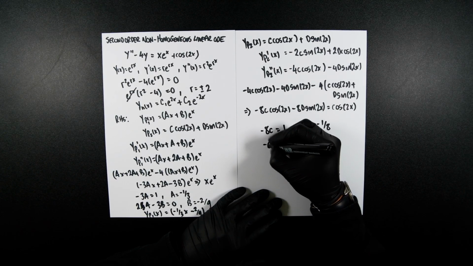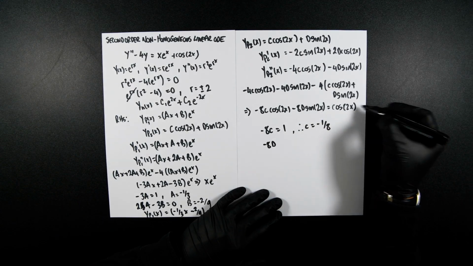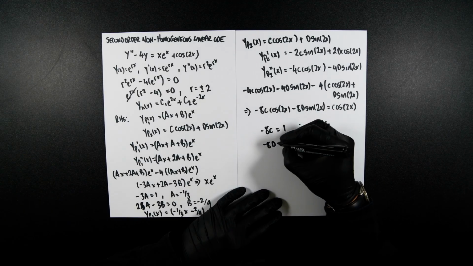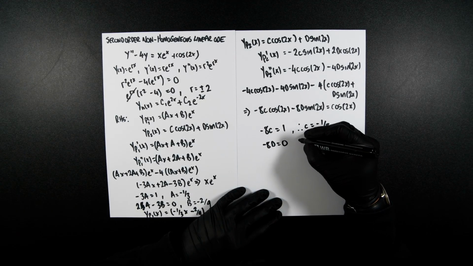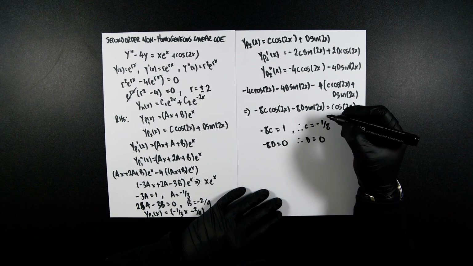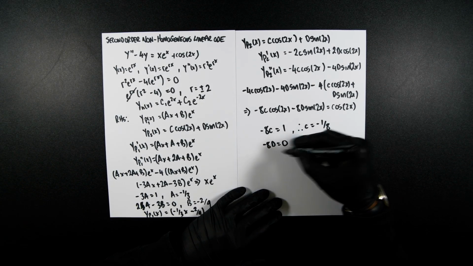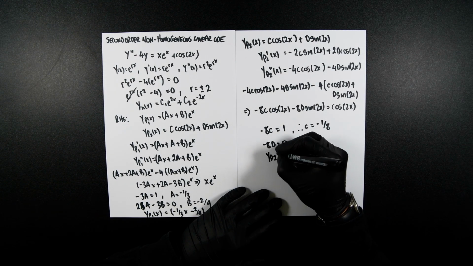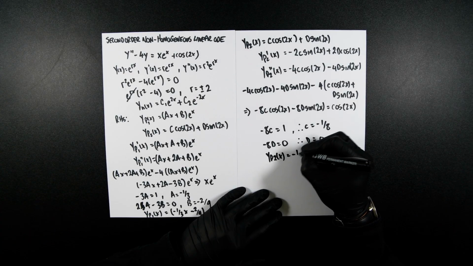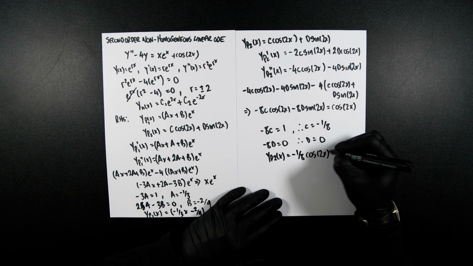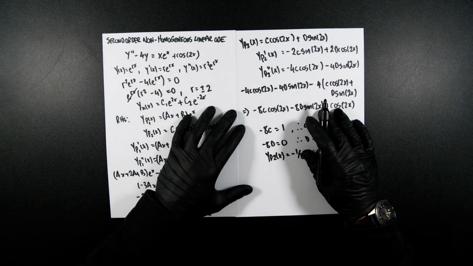And then minus 8d: there are no sine 2x terms on the right hand side, so that's going to be 0. So therefore, d is 0 when you divide both sides by minus 8. We can now plug this in, so now y_p2(x) is going to be minus an eighth cos 2x, and d is 0, so that whole term is 0.